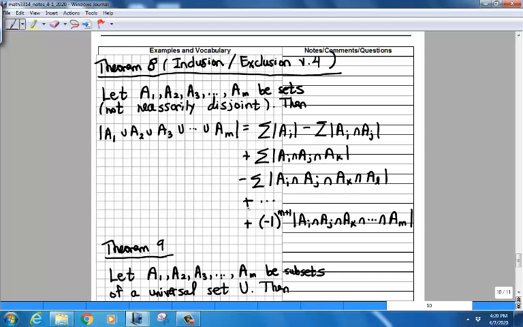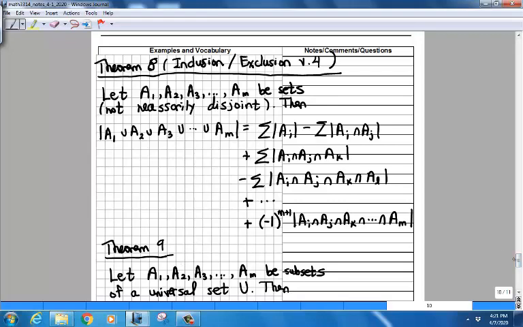Notice you're alternating addition and subtraction, until you get to where you're finally either adding in or subtracting out the intersection of all of the sets taken at one time. So again, it's going to be this alternating, adding and subtracting, including and excluding, and then you look at intersections of groups of the sets that you're trying to compute the union of.